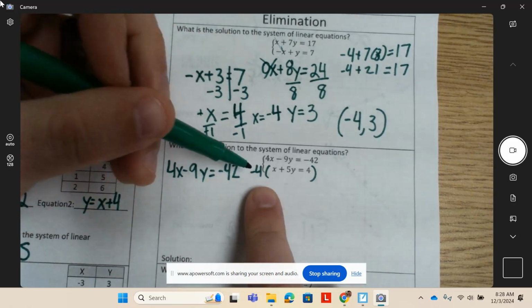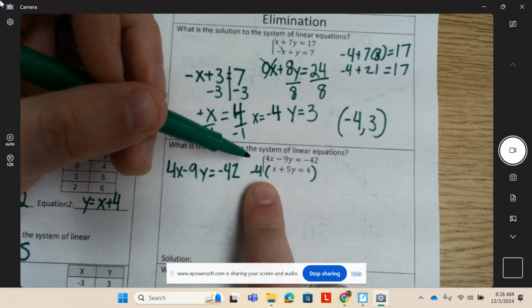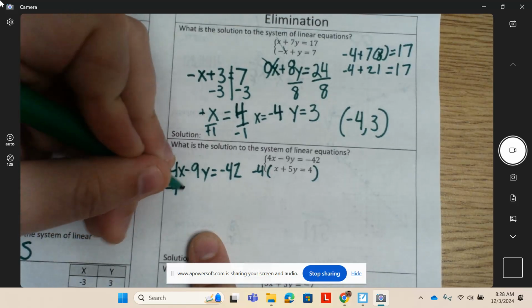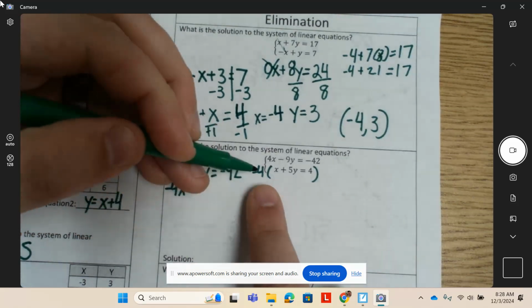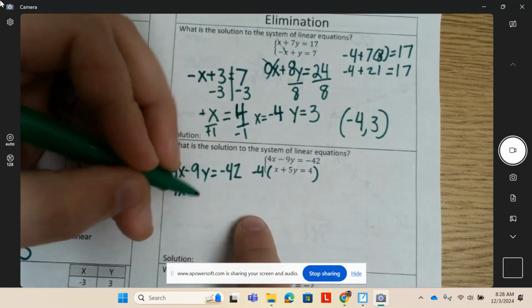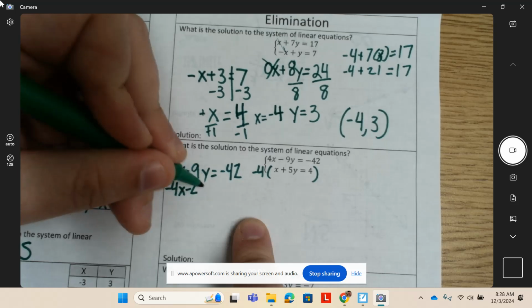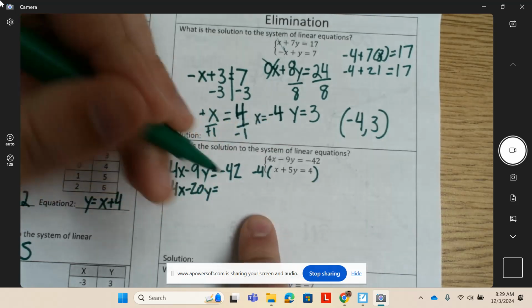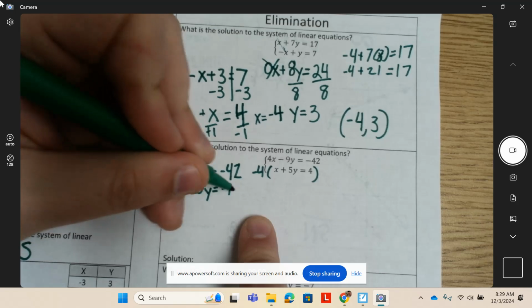And then let's go through and multiply each part times negative 4. Negative 4 times x gives me a negative 4x. Negative 4 times 5 gives me a minus 20y. And negative 4 times 4 gives me a negative 16.